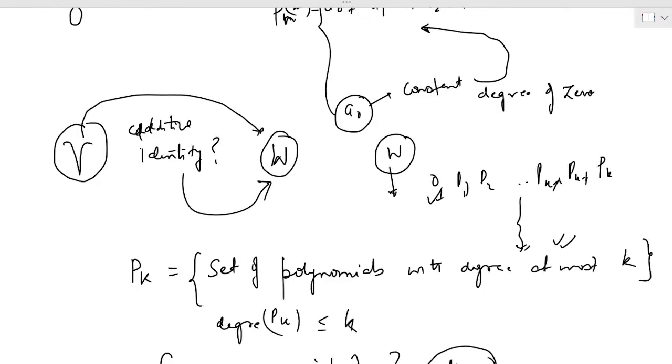Okay, understand the point. If I'm considering only polynomials with degree k, let us, for example, write this only for simplicity. Now just think what would be the zero function here.